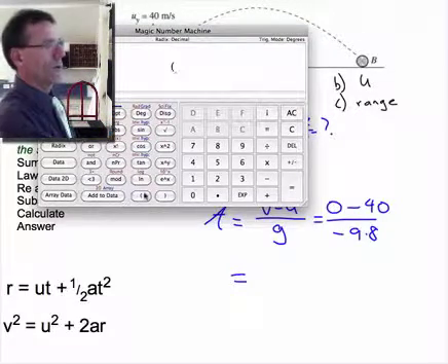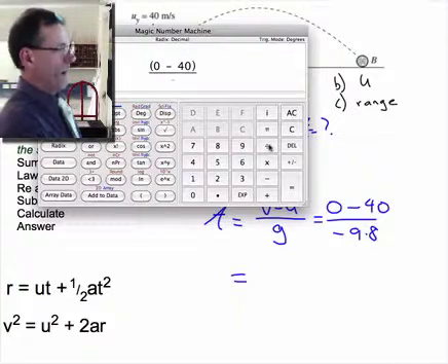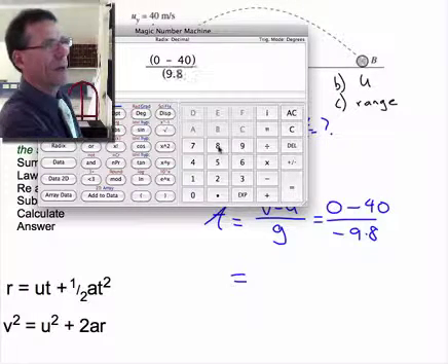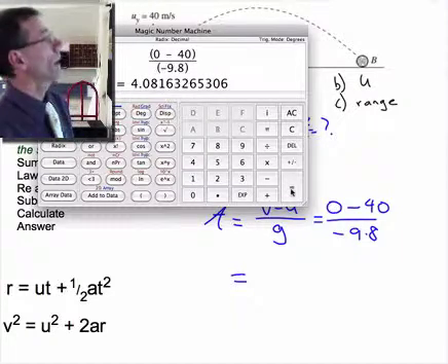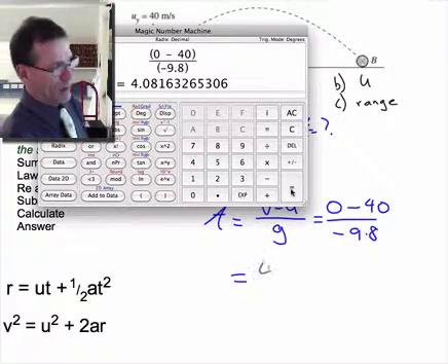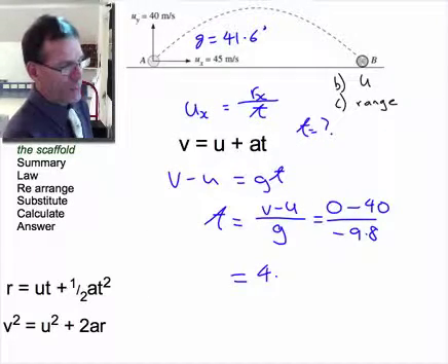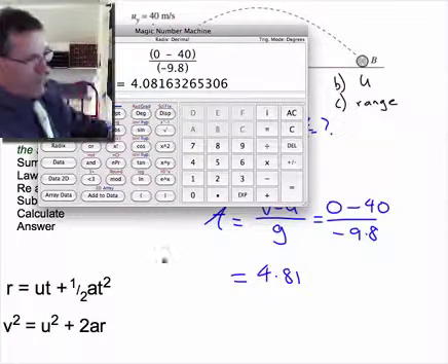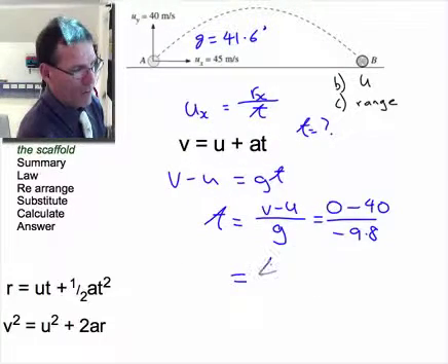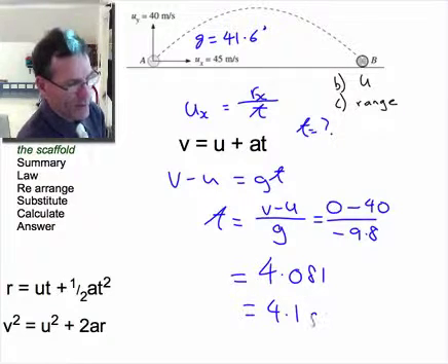So our time to the top of flight is 4.081, let's call that around about 4.1 seconds.